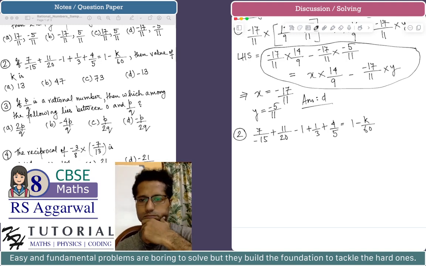But since there are many rational terms connected with addition and subtraction, you have to do the addition and subtraction carefully, or in a little wiser way.